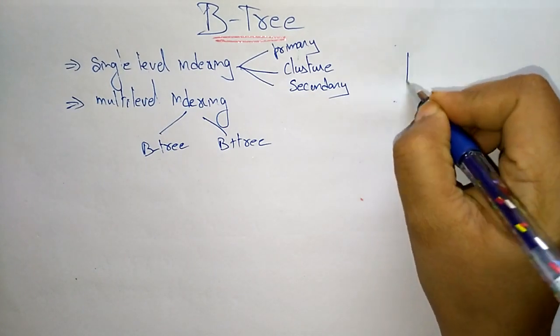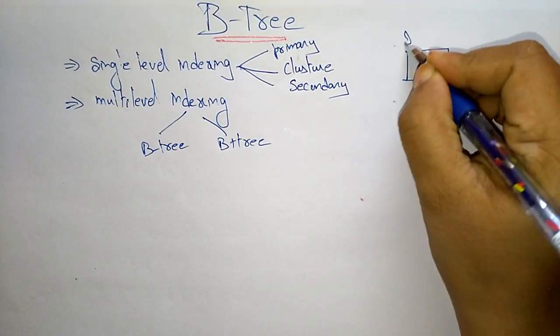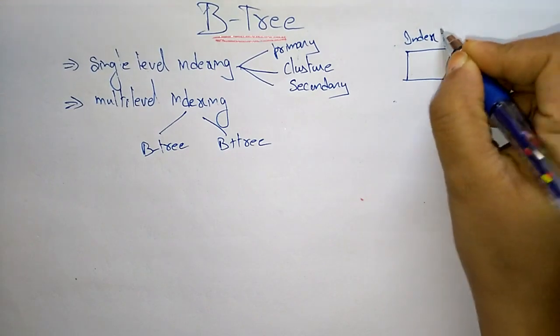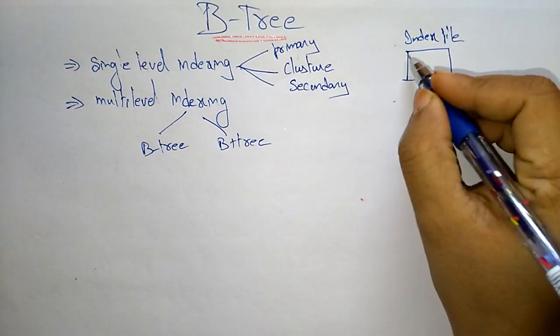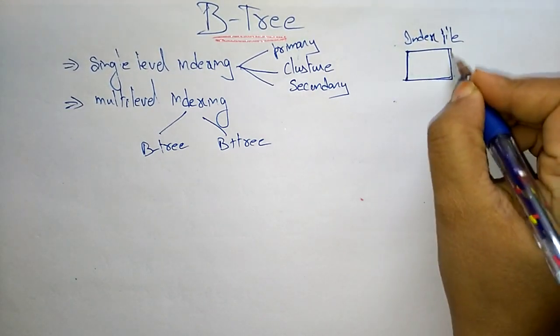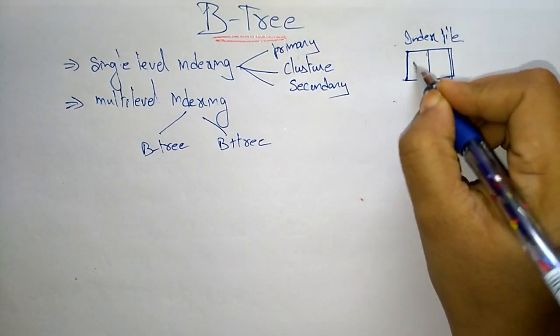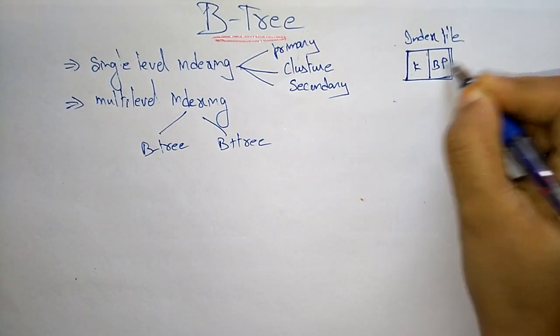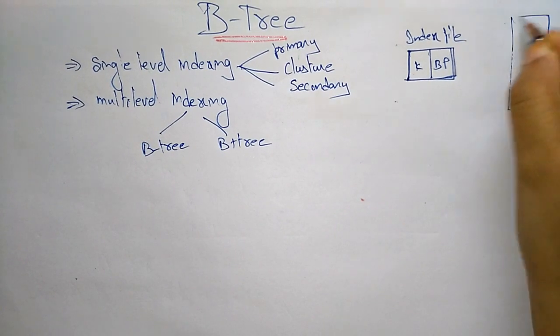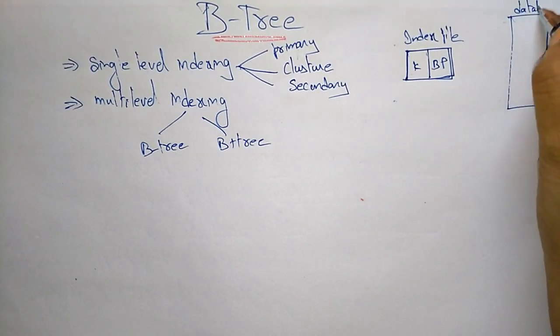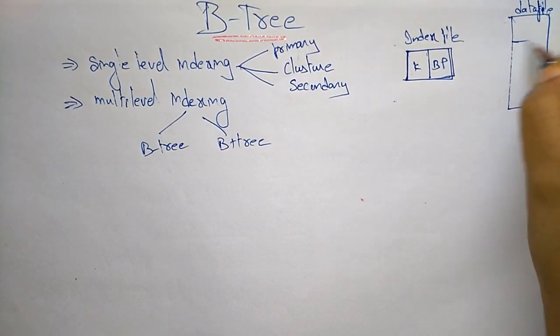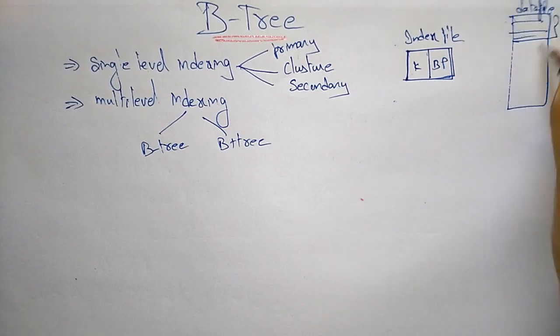Single level means you only have the index file, which helps to search the record very quickly. It has the key value and the block pointer, and you have the data file. The data file is divided into blocks.